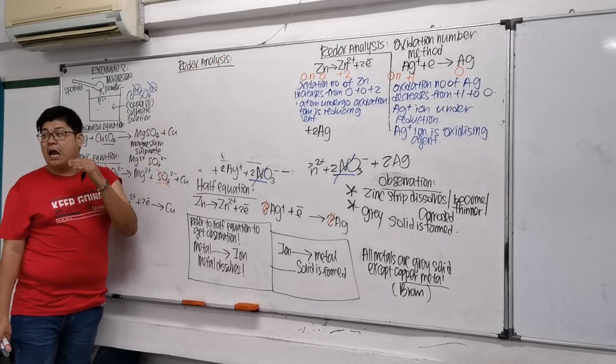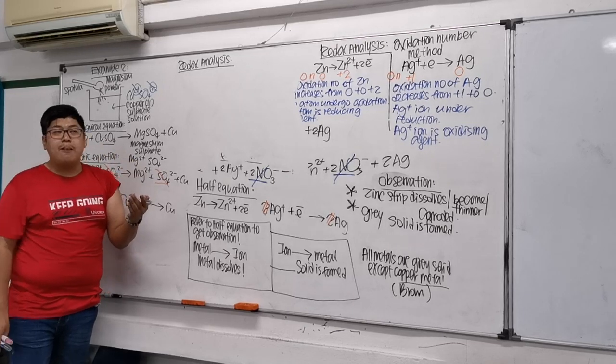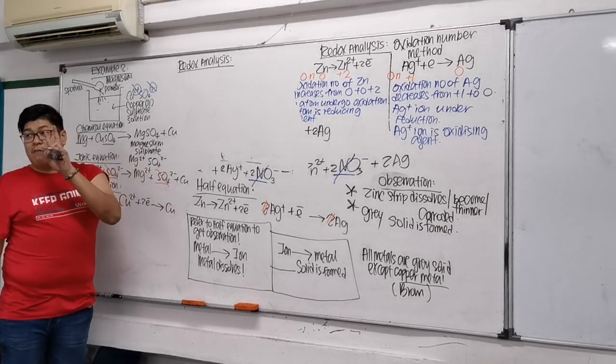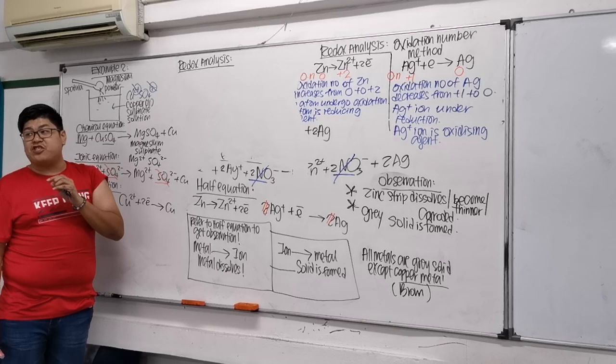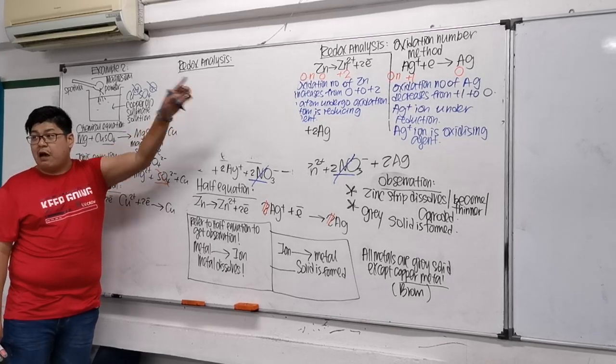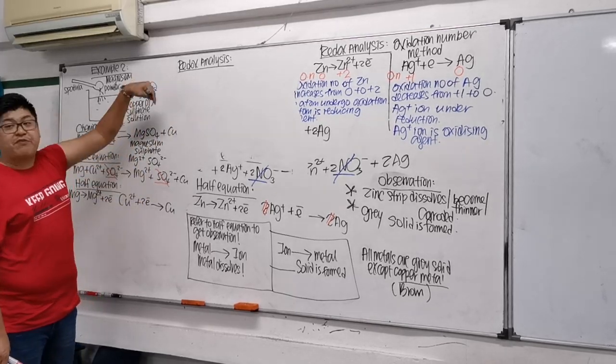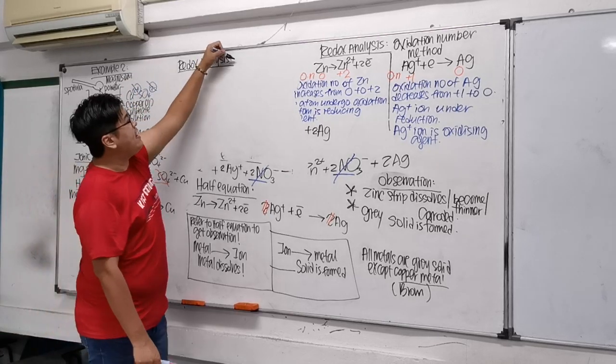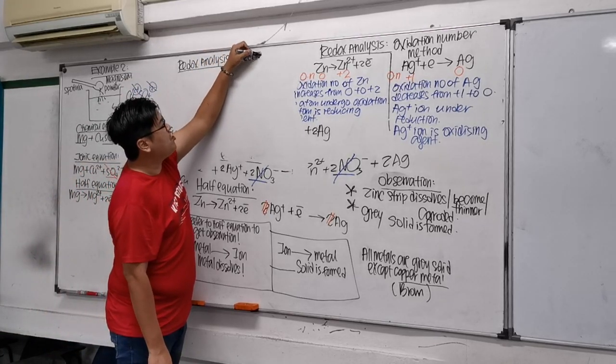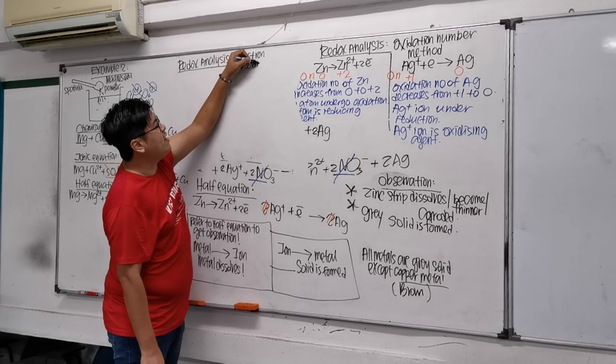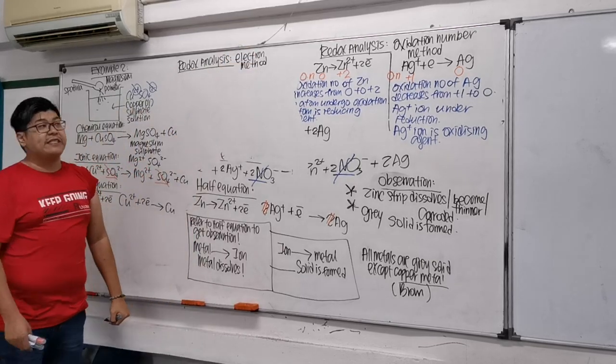Redox analysis means apple to apple comparison. There are two important methods you can use. The first method is the oxidation number method, which we used already. Now we change a bit. What if in this question we use the electron method to do our redox analysis?